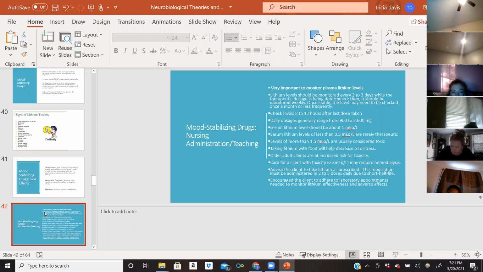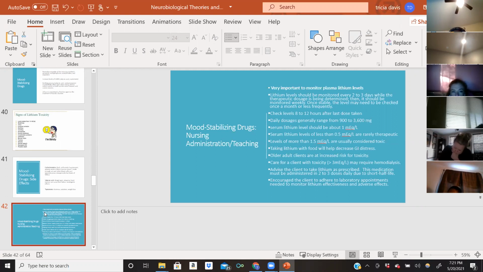Serum lithium levels should be about 1 milliequivalent. Levels less than 0.5 milliequivalent are rarely going to be therapeutic. Remember we said we start out at the lowest and then we work our way up. Well, research has shown that patients at that dose rarely receive any benefit.